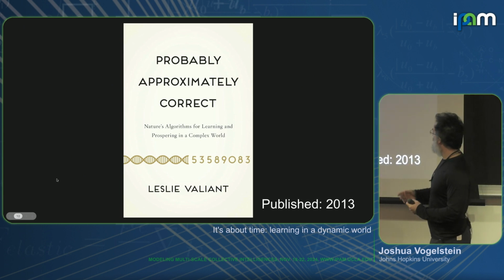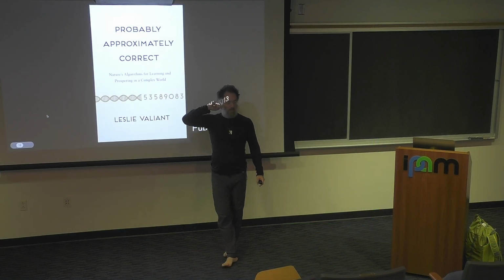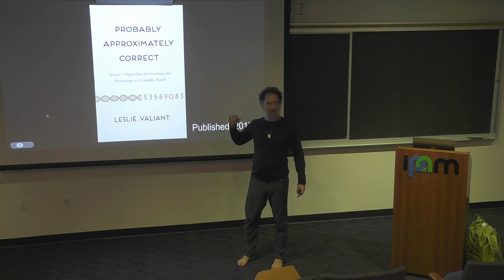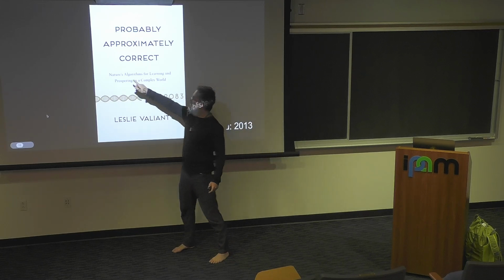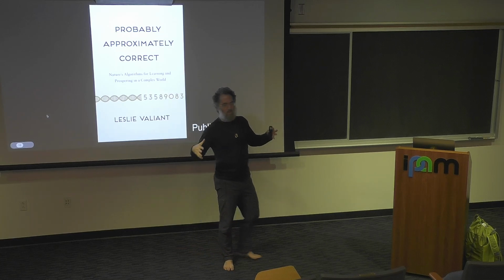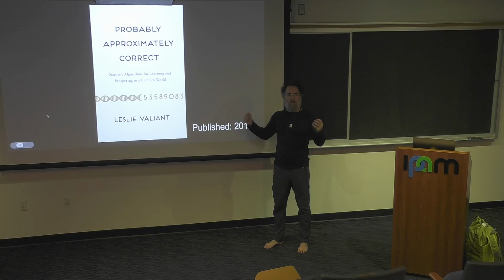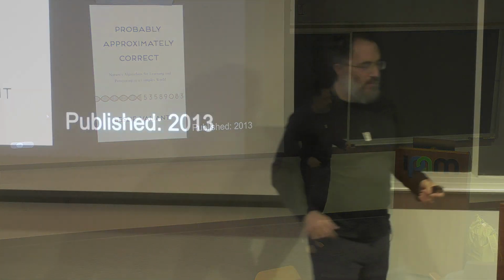And his claim in this book from 10 years ago is that probably approximately correct, which is his theory, that has no notion of time, is nature's algorithms for learning and prospering in a complex world. So this big shot in AI is claiming in a book that this is how learning works in the natural world. And what I'm saying is that's totally wrong. I don't know if you'll agree with me, but that's my claim.